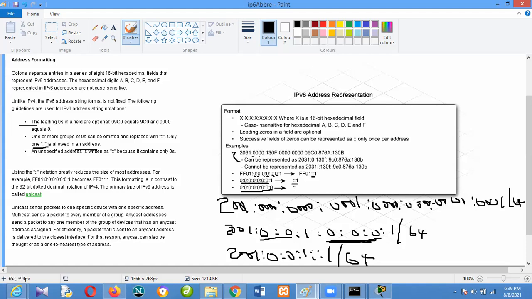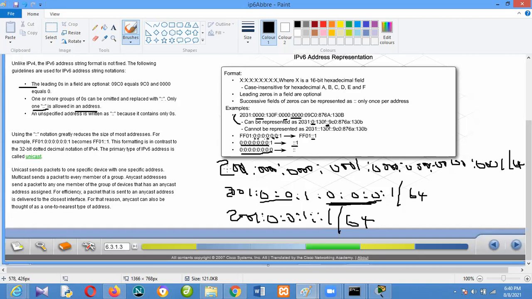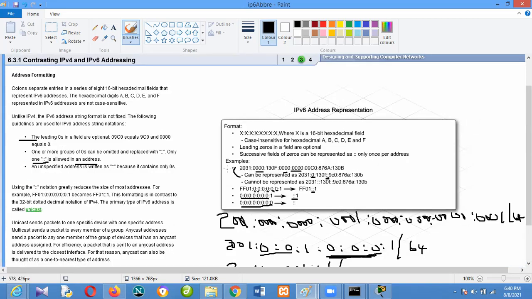Of course, by now you're supposed to understand this one is 0 here, 0, 0. That is double colon. Leading zeros are optional, so they were removed, and all of that. So by now, you're supposed to know how to abbreviate IP addresses.